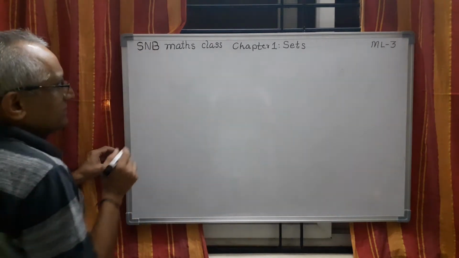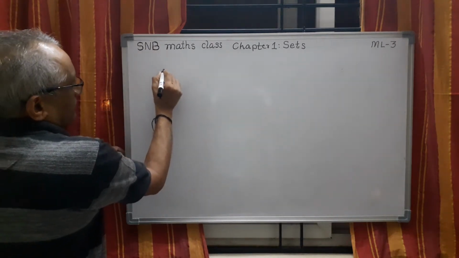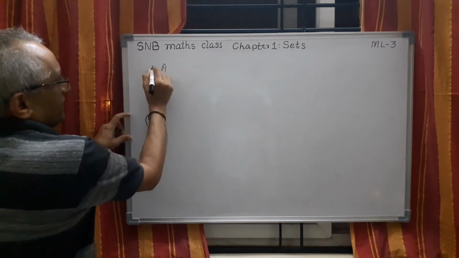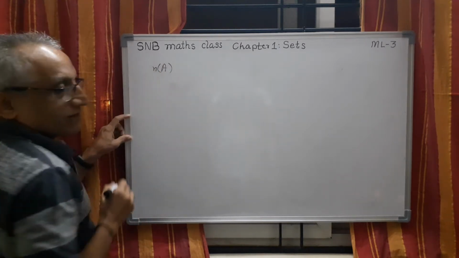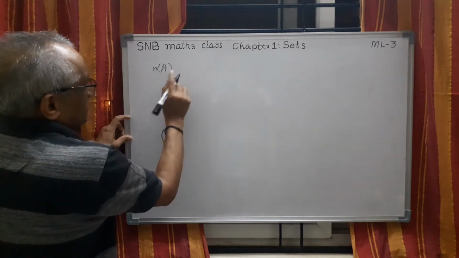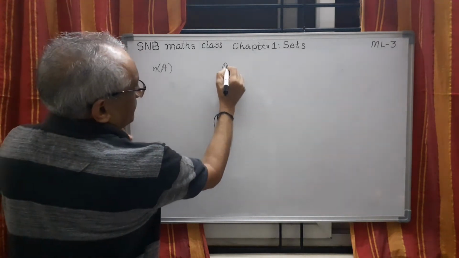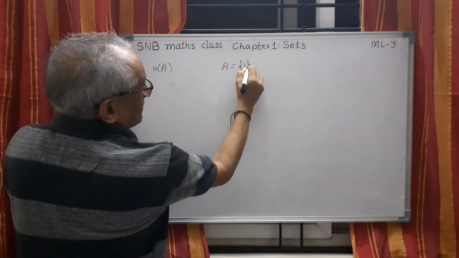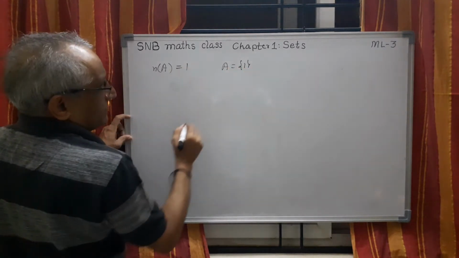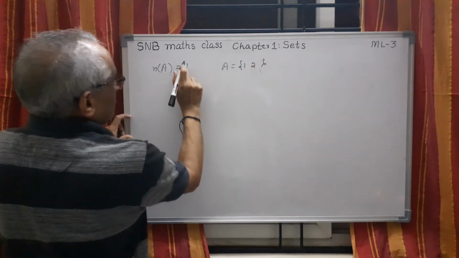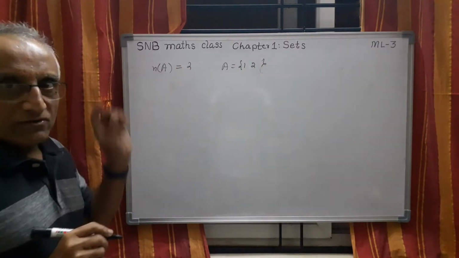For any given set A, if I write n(A), that actually means the number of elements contained by A. For example, if A contains just 1, then n(A) is 1. Suppose it contains 1 and 2, then the number of elements is 2. So this is another symbol we use.